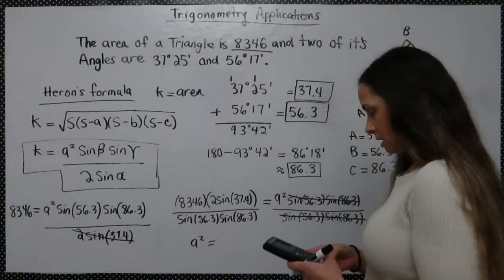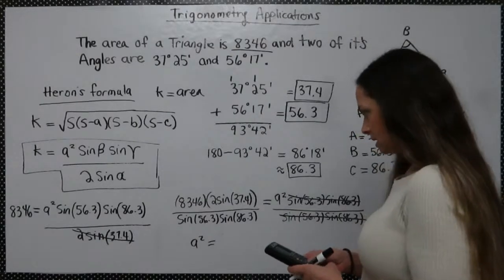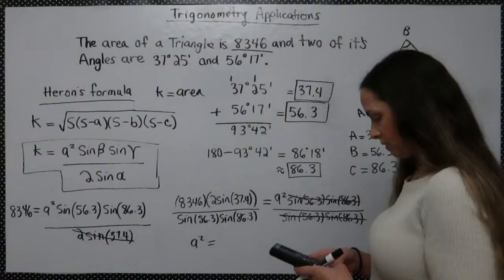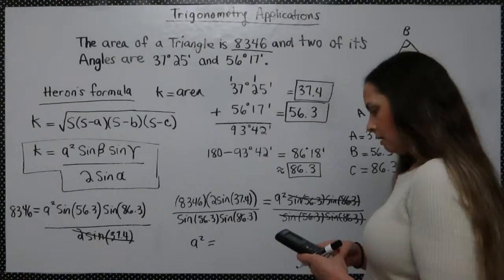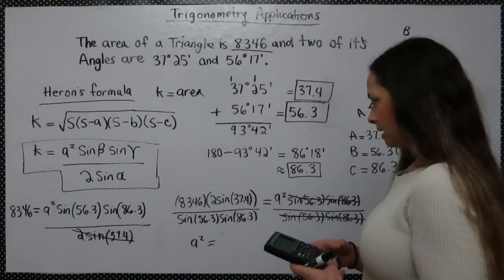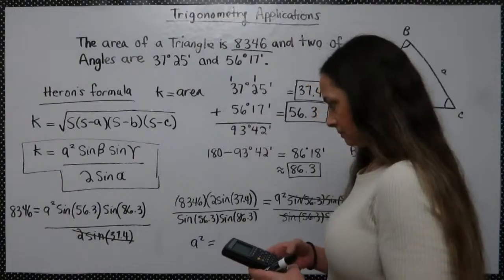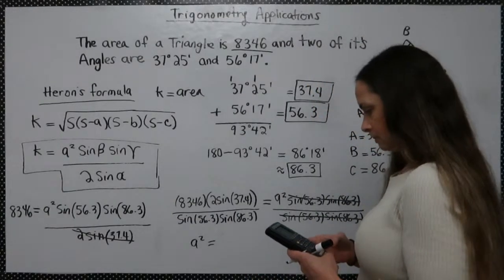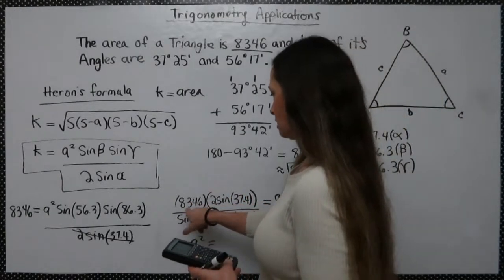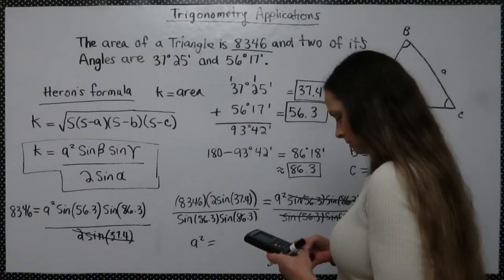So I'm going to start out with sine 37.4, and I'm going to multiply it by 2. And then I'm going to multiply it by 8,346.